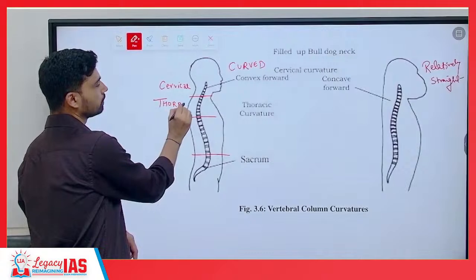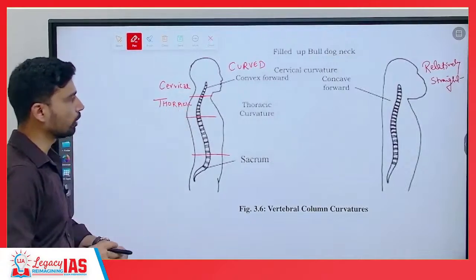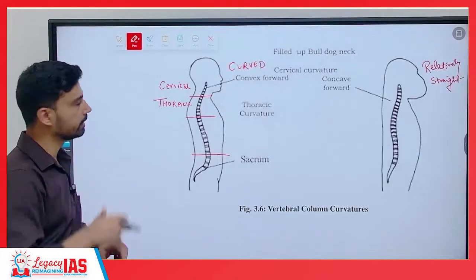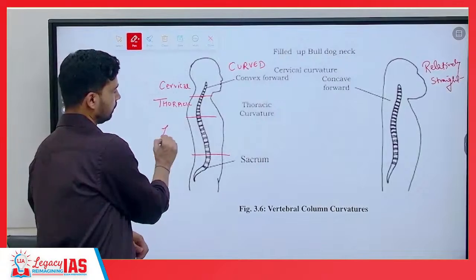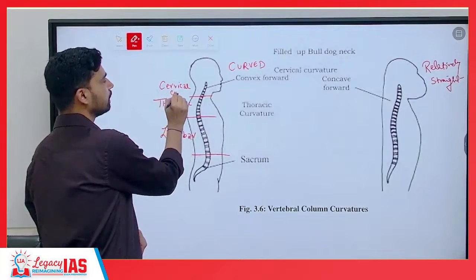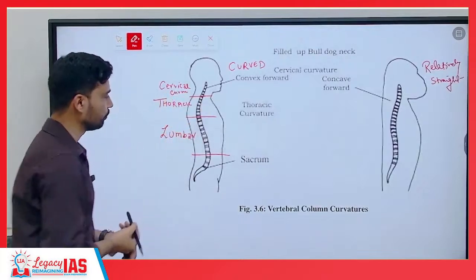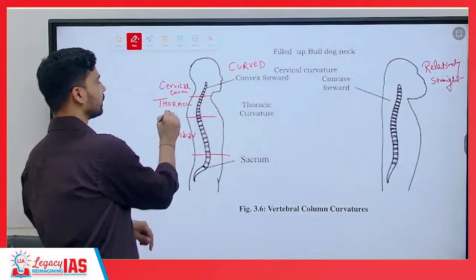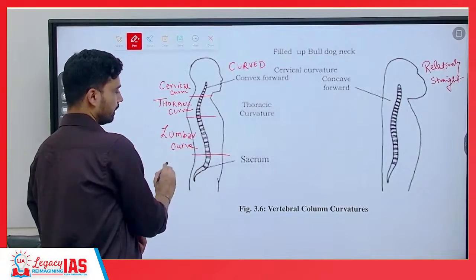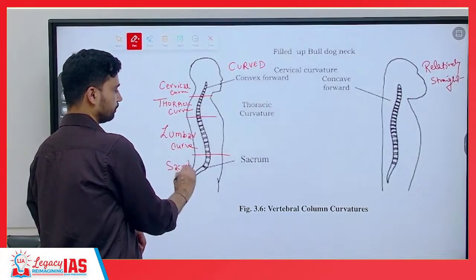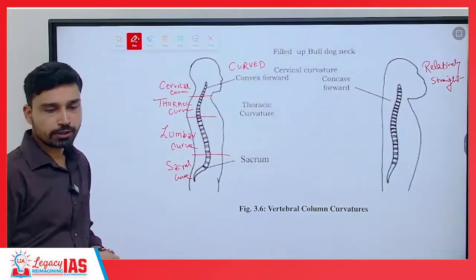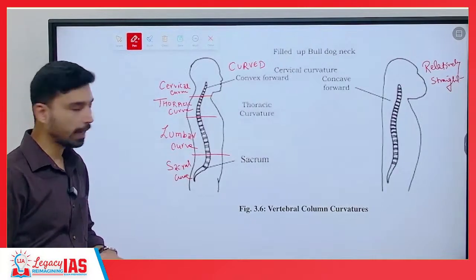The second part is called thoracic, around the neck and lung areas, largely the lung area. The third part is called lumbar. Let me use different terms: cervical curve, thoracic curve, lumbar curve, and last is called the sacral curve, around the sacrum. So these are the 4 divisions of the spinal column: cervical, thoracic, lumbar, and sacral.